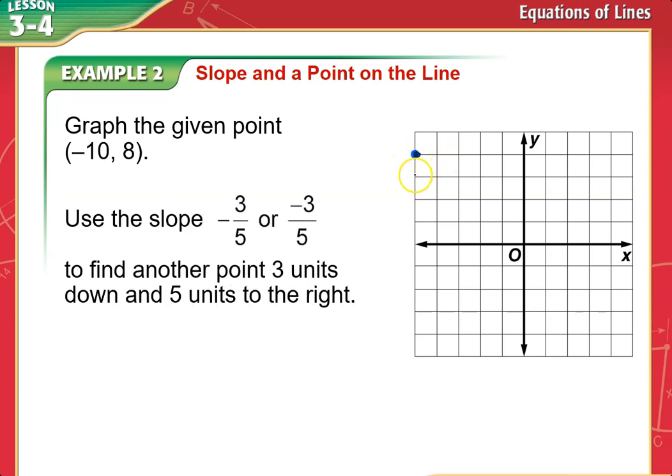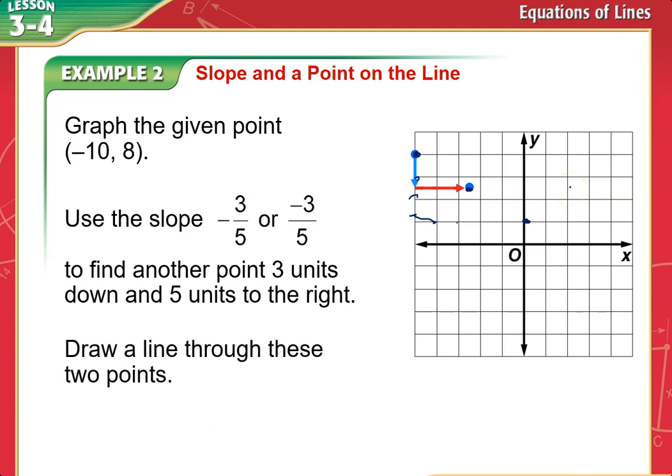Each line is 2, so we could go down 1 over 2.5, or down 3, which is down 1.5 over 2.5, which puts me about right here. Or we can just go down 3 over 5: 1, 2, 3, and 1, 2, 3, 4, 5. Either way, we'll just draw our line in and it connects all 3.